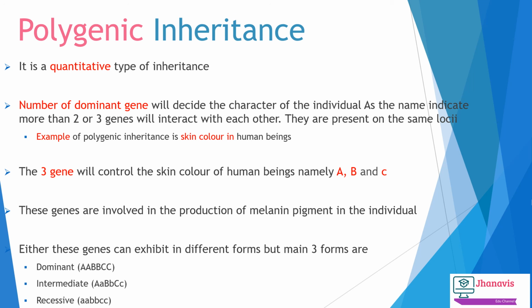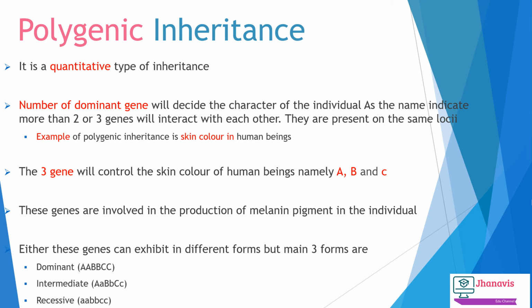But the intermediates which are produced will be either 50% dark or 50% white, depending upon what type of genes are dominating and whether one gene, two genes or three genes are dominating. Either it is a homozygous condition or a heterozygous condition. Based upon all these things, they will decide what type of color may be taken up by an individual.